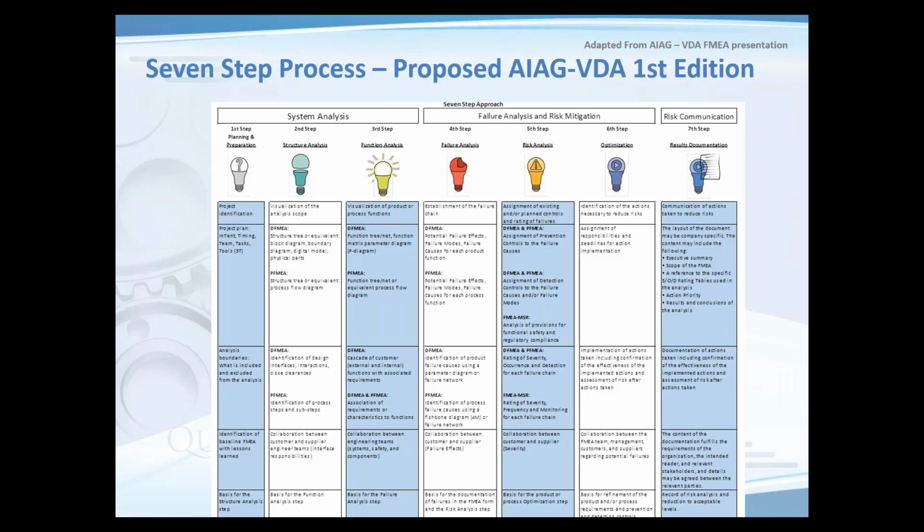With this new AIAG-VDA FMEA Handbook, you just have one type of form, a standard form. There'll be a standard form for both the DFMEA and the PFMEA, so that's a big change.